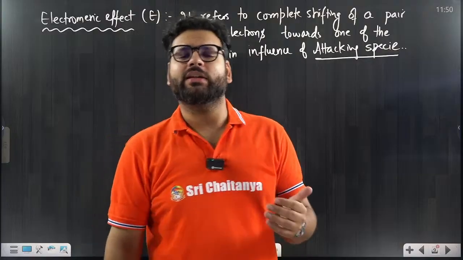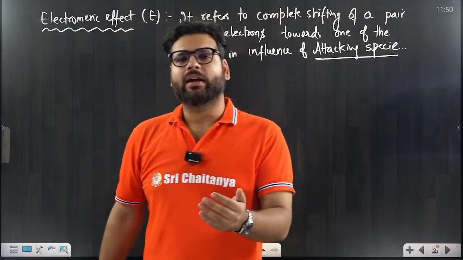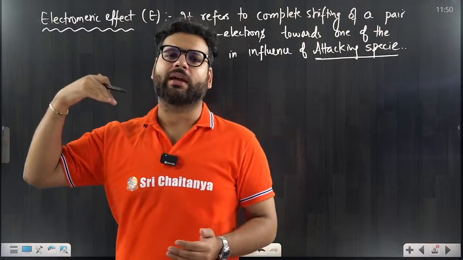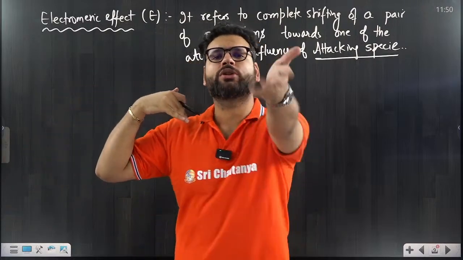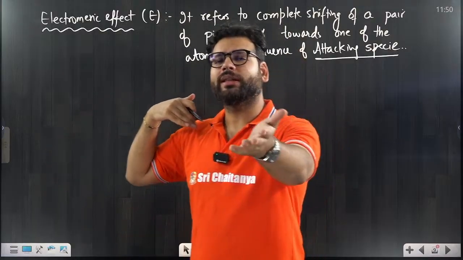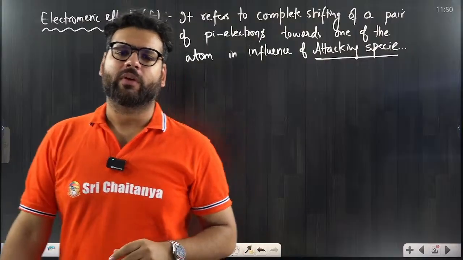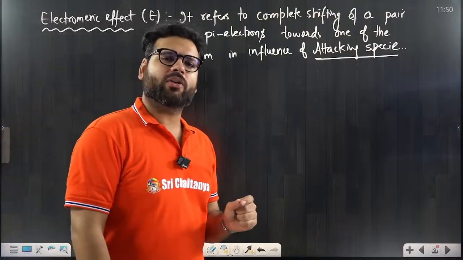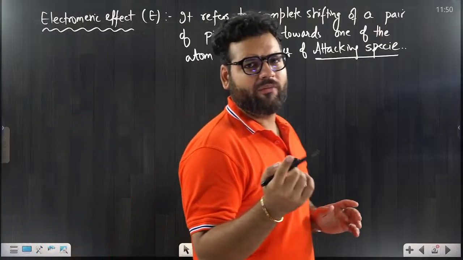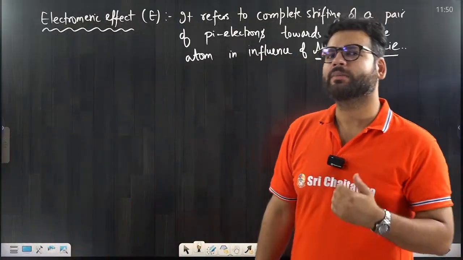Then what is minus E? Opposite. Let's say the attacker attacks on A, but electrons move towards you. That becomes the minus E effect. So whenever pi electrons and the attacking species attach to the same atom, it is plus E. Whenever they go to opposite atoms, that is minus E.